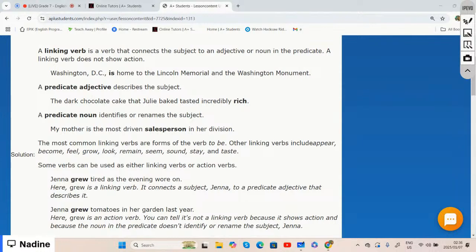We said a linking verb is a verb that connects a subject to an adjective or to a noun in the predicate. And when it comes to a linking verb, a linking verb does not show action.